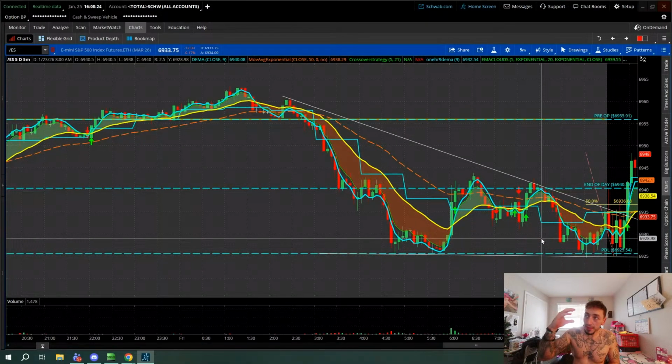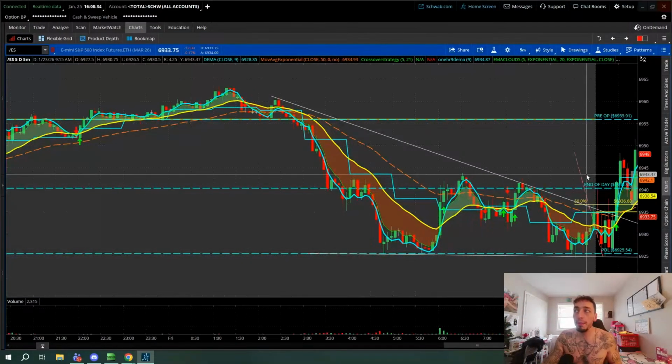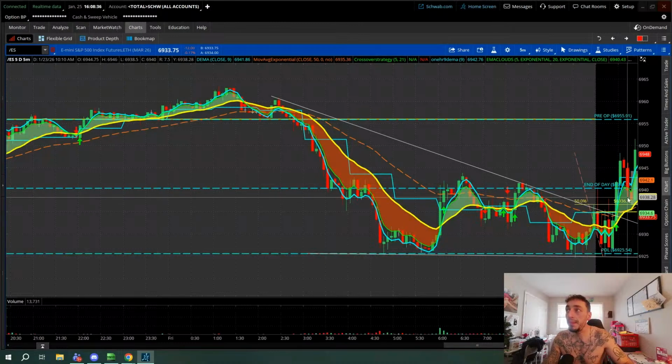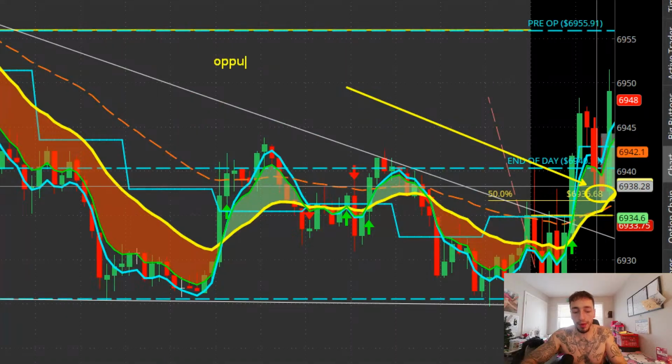If buyers are going to maintain control, they are going to control that 50% point. Price rallies up, price comes into the fib, and we now have ourselves what we like to call opportunity, using the Fibonacci.